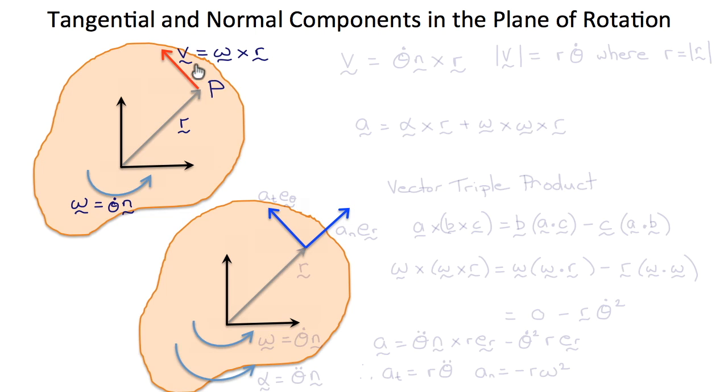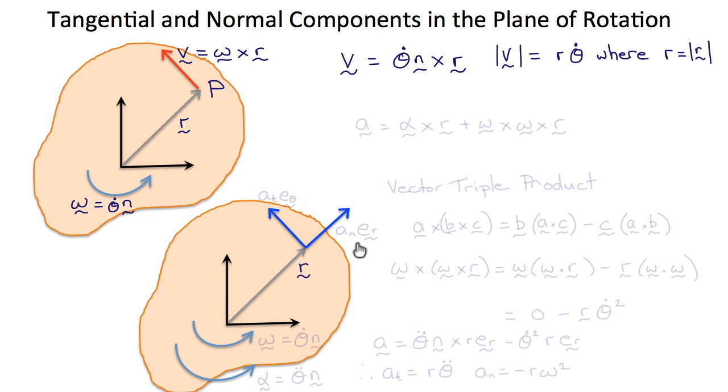The velocity v equals omega cross r, and omega is theta dot, so v equals theta dot n cross r, and the magnitude of v equals r theta dot, where r is the magnitude of the position vector r.